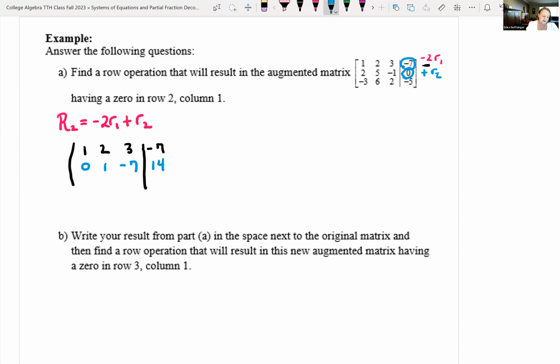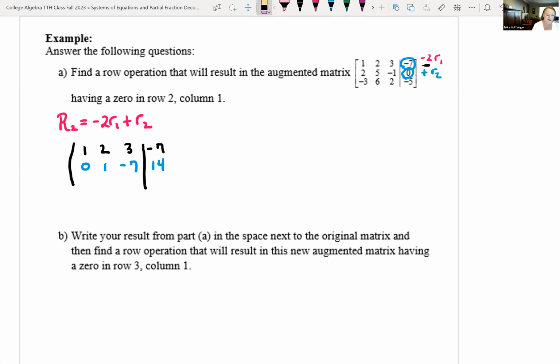So let's do the same thing. Part B says, write your result from part A in the space. Well, we already did that. And then find the row operation that will result in the new augmented matrix having 0 in row 3, column 1.